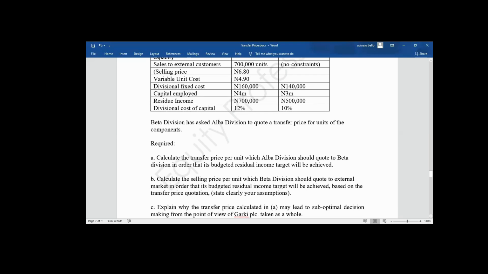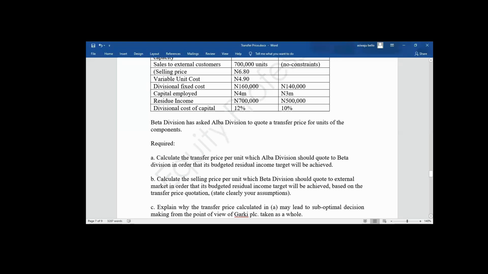This question is testing arbitrary transfer price, a transfer price determined to hit a specific target. That target is the residual income target. We don't know the transfer price, but it must give us a residual income of 700,000 for Alba division. What is this transfer price?